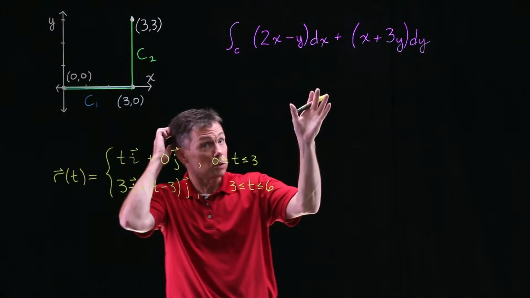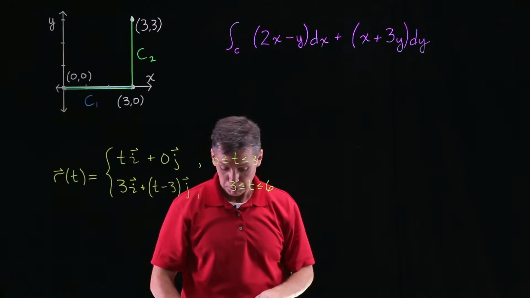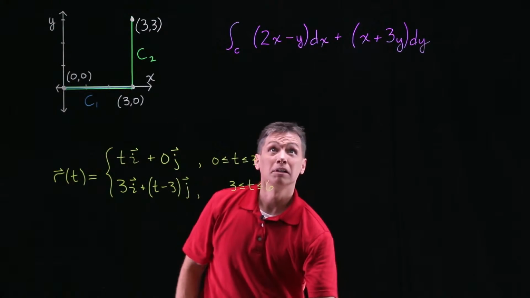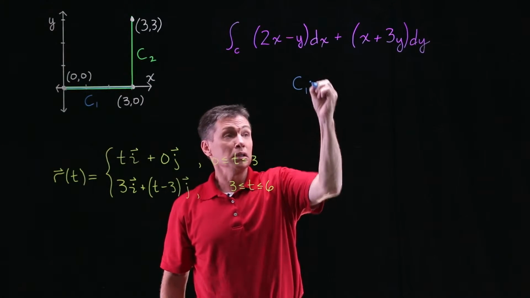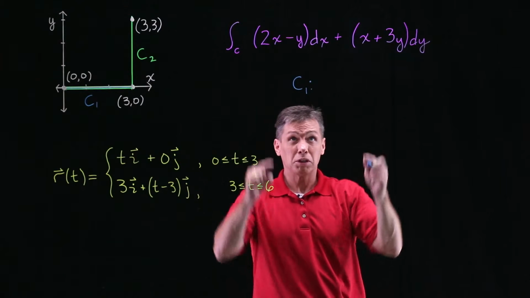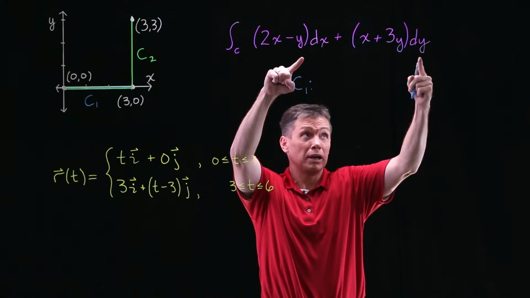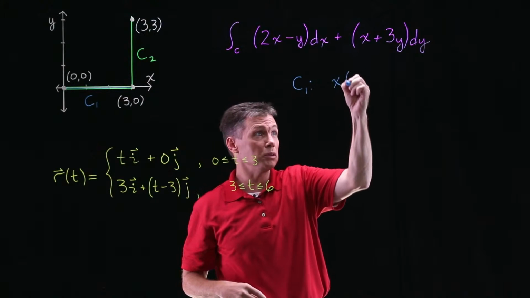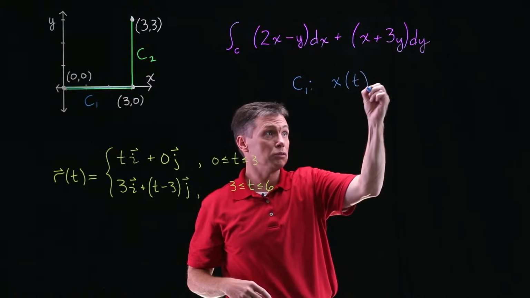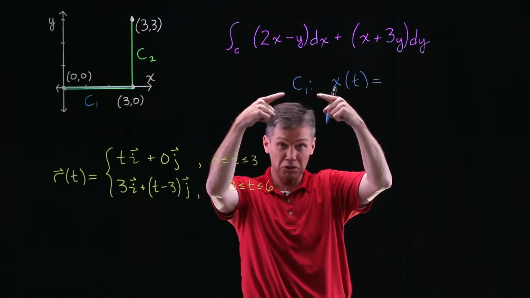Now let's get to our work over here. And I think I had promised you some color coding. Let me do my work for C1 in blue. To lay it out and make sure I get all the pieces of the puzzle, I want to state explicitly what my x of t is for this branch C sub 1.